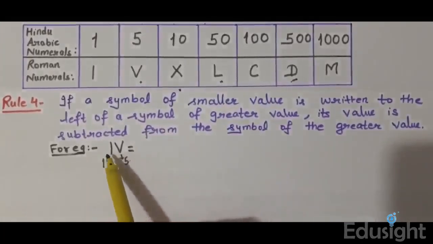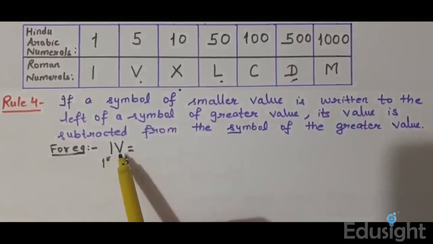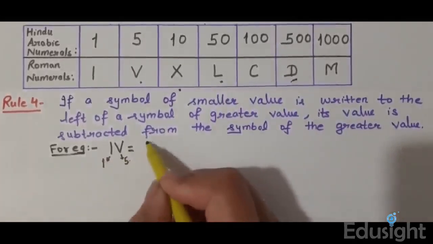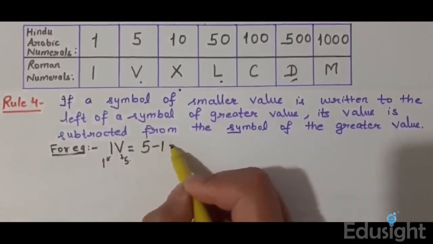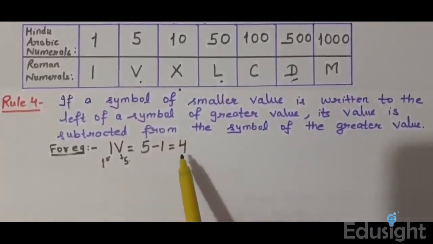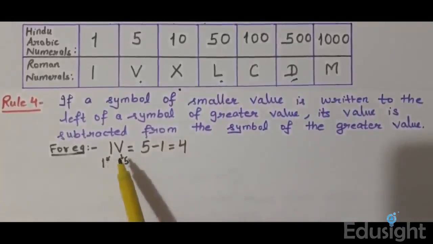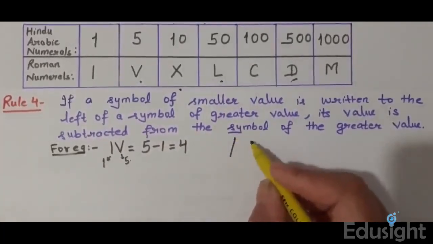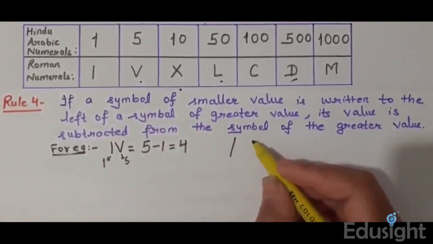It is 5 and for I it is 1, right? So the smaller symbol is written on the left of the greater symbol, right? Then the values will be subtracted. Simply subtract. That is 5 minus 1. It will be 4. So the Roman numeral for 4 is IV. Got it?